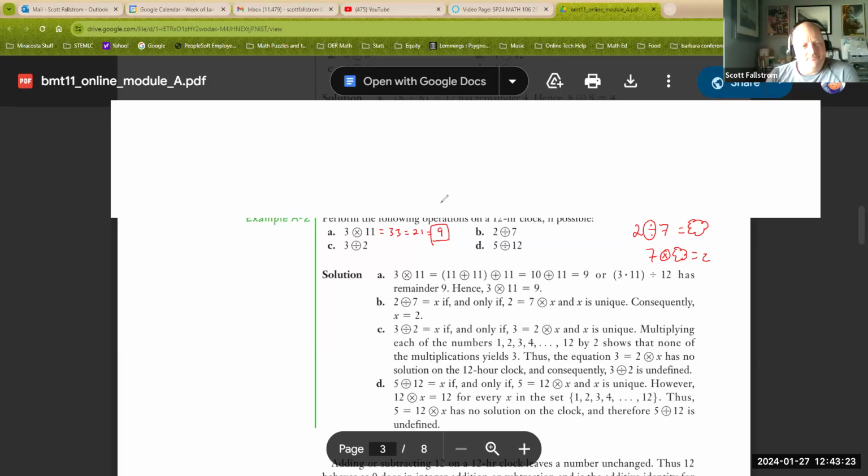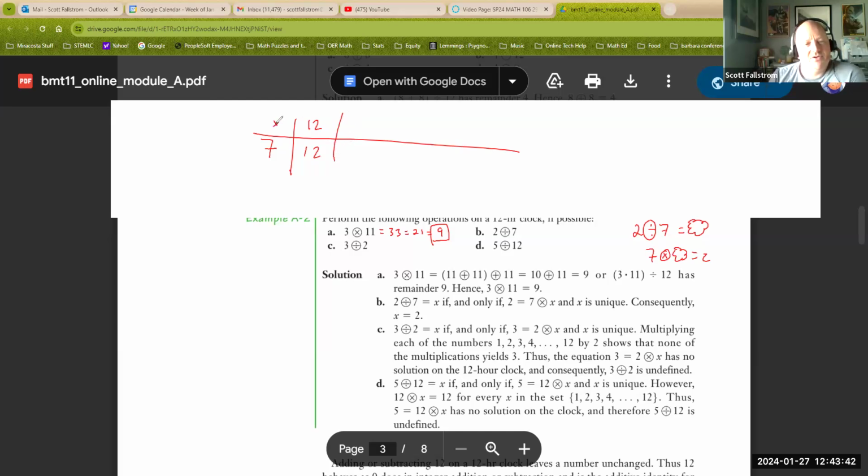So let's try this. So what I'm going to do is I'm going to multiply by 7. 7 times what, right? So 7 times 12, 12 is like 0, okay, gets you to 12. It acts like 0.